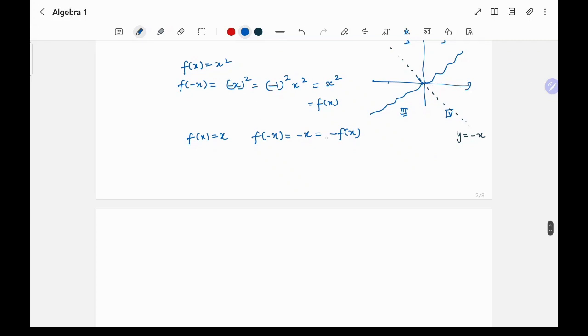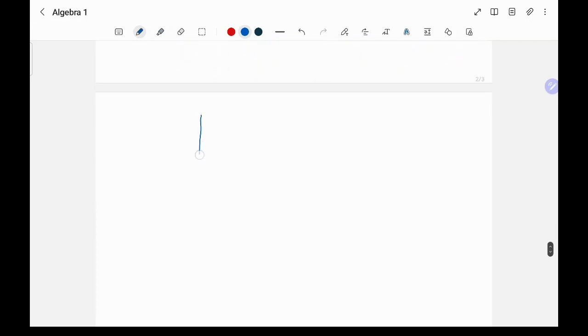If I just want to draw it graphically, let's take f of x equal to x square. This is the origin. 1, 2, 3, minus 1, minus 2, minus 3. So we have 1 comma 1. Minus 1 also corresponds to 1, since minus 1 square is 1.